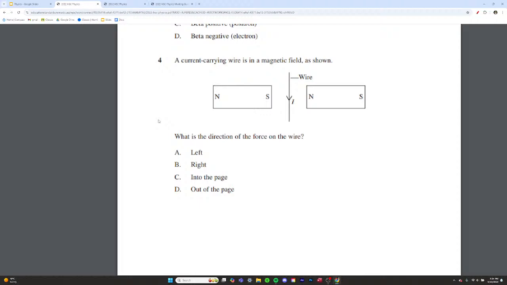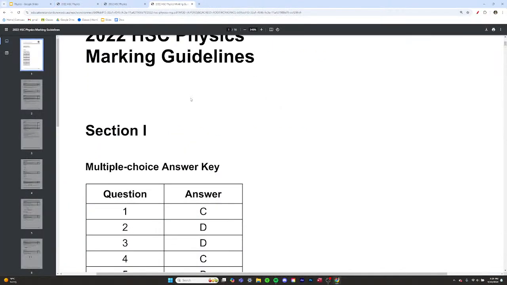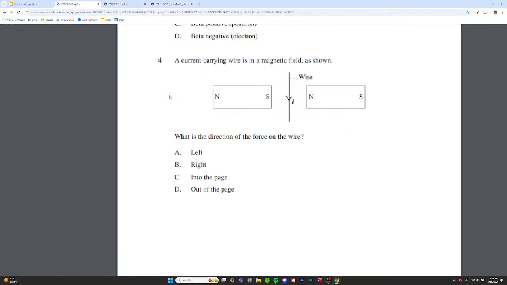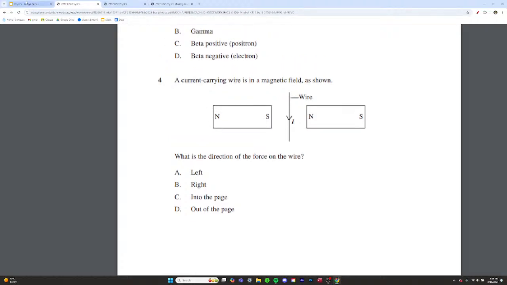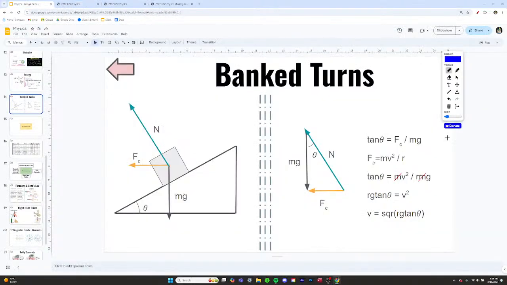A current carrying wire is in a magnetic field as shown. What is the direction of the force on the wire? Okay, so you want to go, thumb points to north, right? So the thumb goes down, it should be coming out of the page. Let's go back to here.